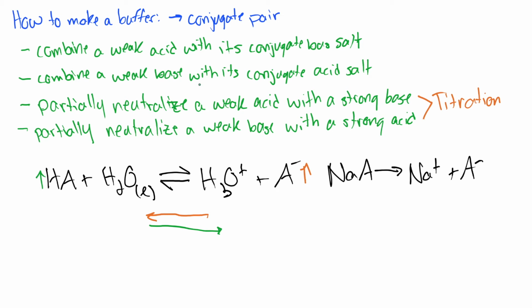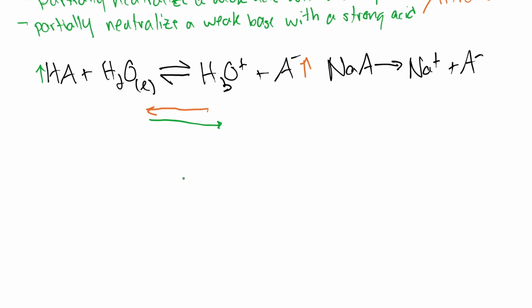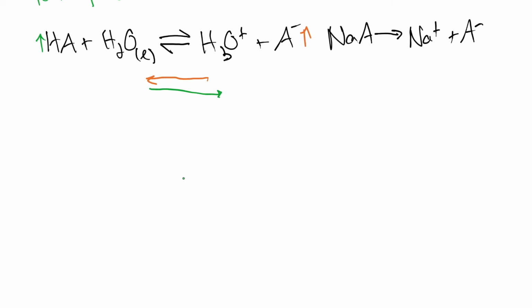And so now that we've discussed why we like buffers, let's derive the Henderson-Hasselbalch equation. Before we go on, let's write just the Ka expression, which is what we will use to derive the formula. We have Ka, and this is a Ka because it's an acid.